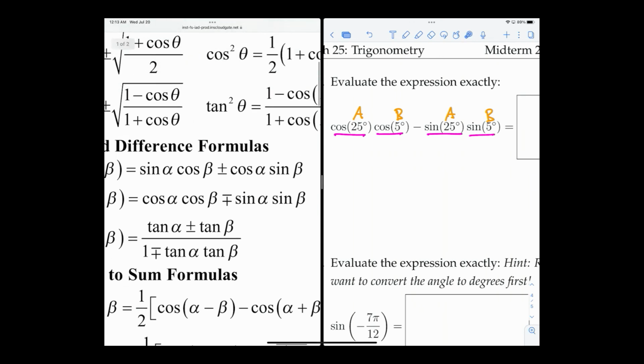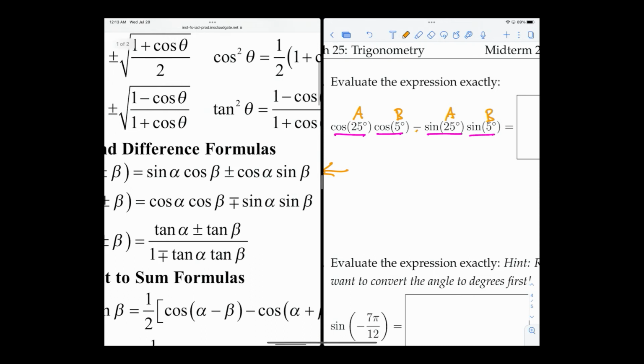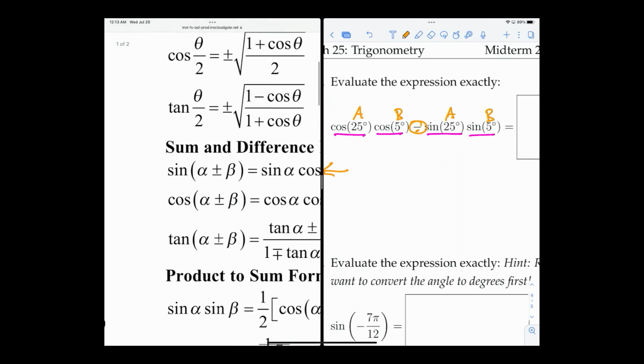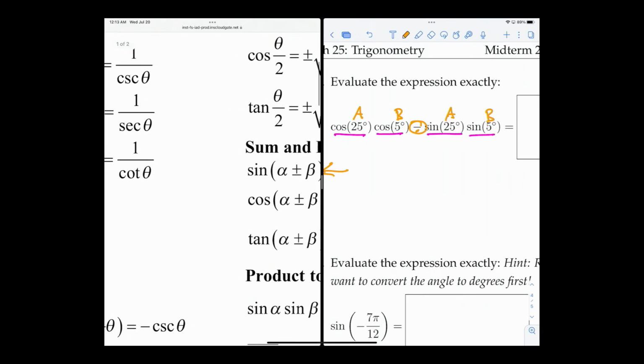I can't really point at that, but it looks like this one, right? Sine alpha cosine beta minus cosine alpha sine beta. And notice that this is a minus here, which is on the bottom of the formula. And also over here, you have a minus on the bottom of the formula.